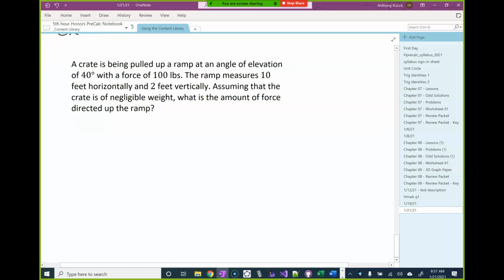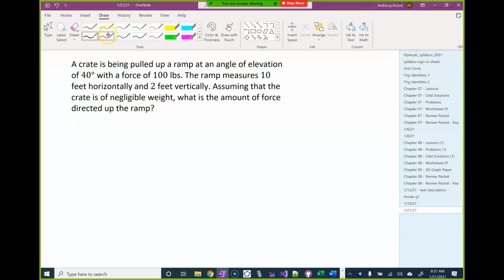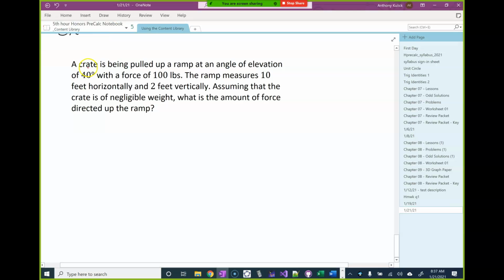All right, the next question here, we have a crate that's being pulled up a ramp at an angle of elevation of 40 degrees with a force of 100 pounds. So that's one force vector, the vector that's how the crate is being moved.